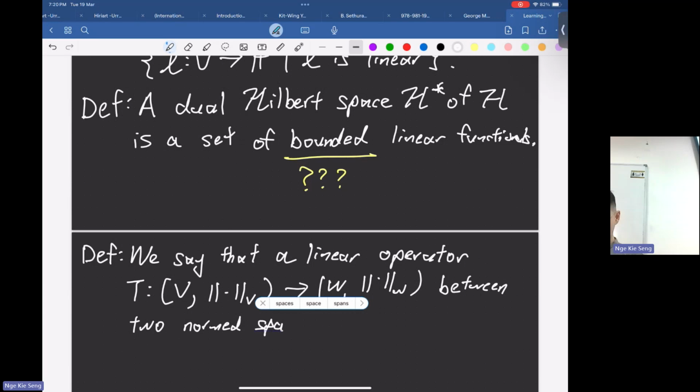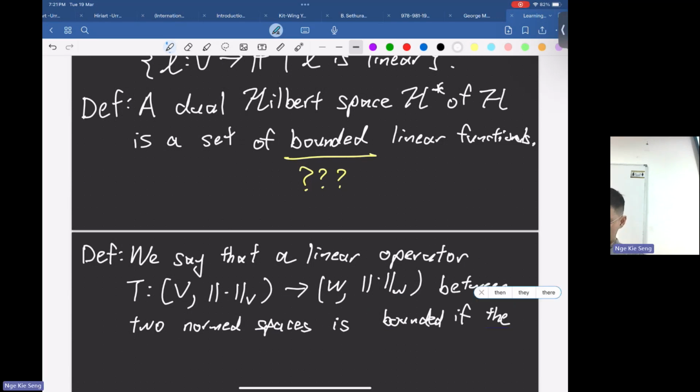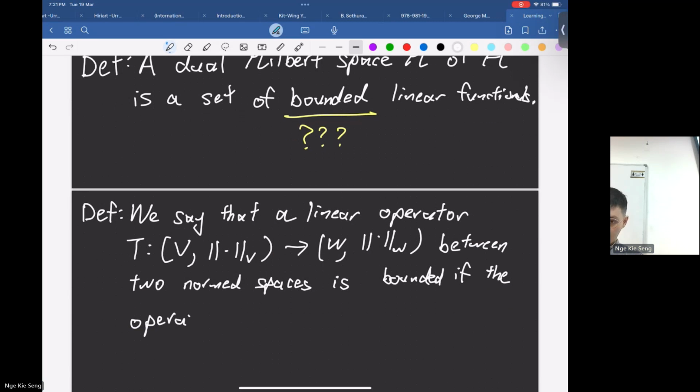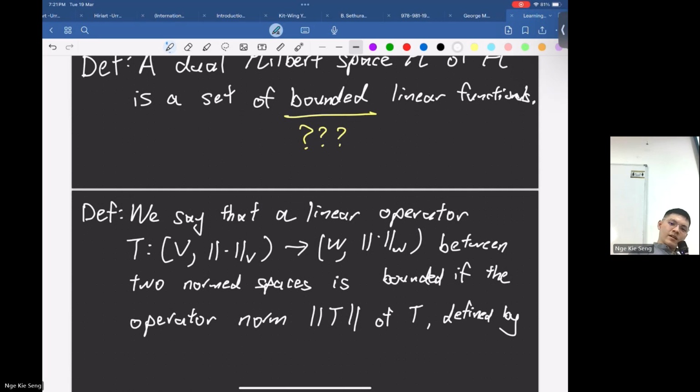So now let's talk about normed spaces first. It's bounded if I can define an operator norm. So I try to measure this linear map here. How do I define it? What we know is the length of an element in V or W. We try to make use of this.